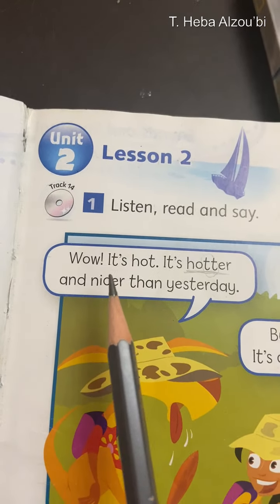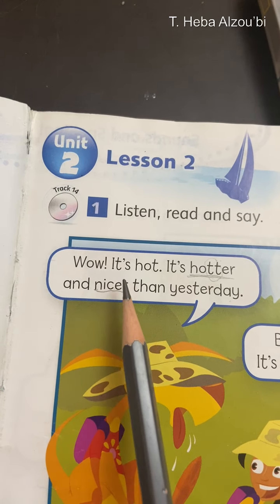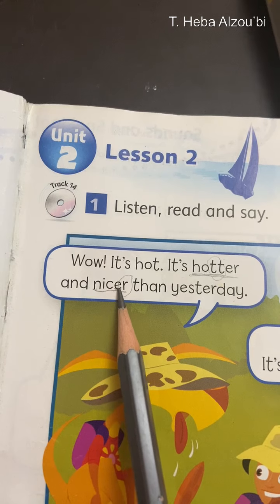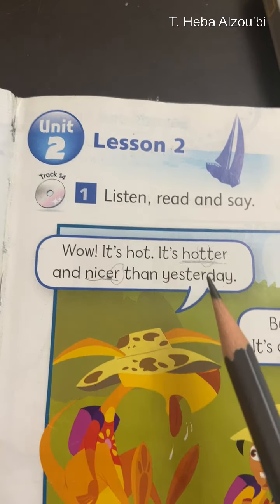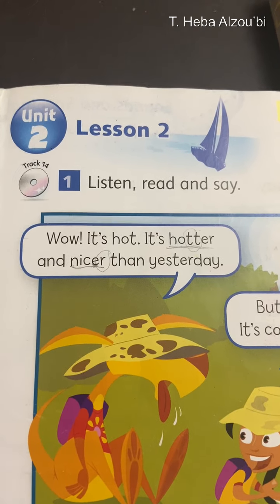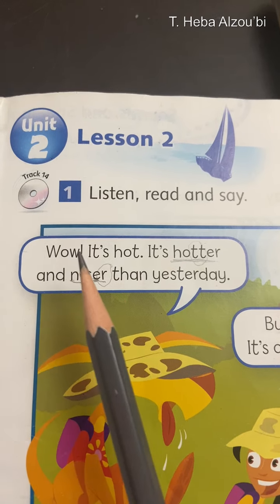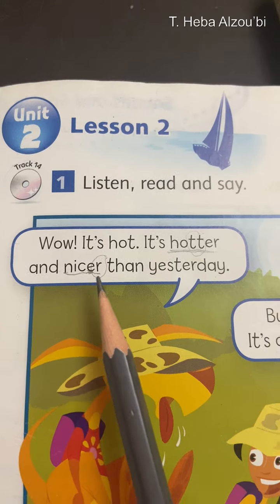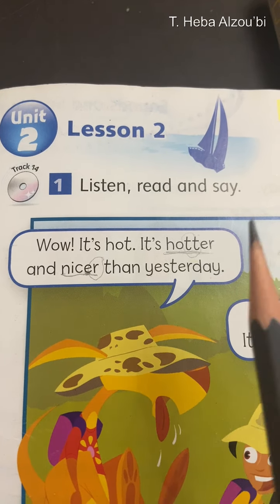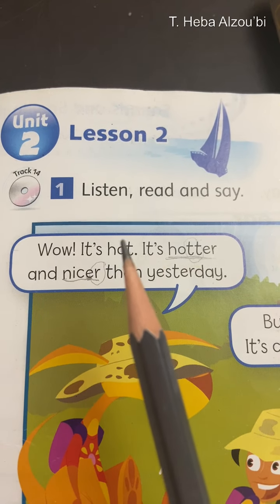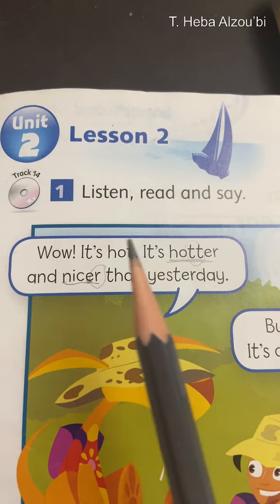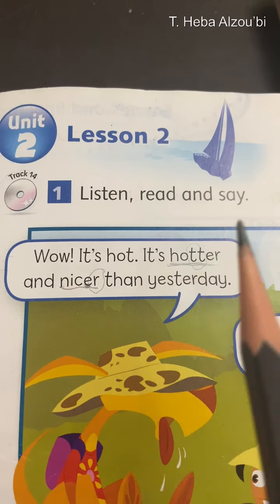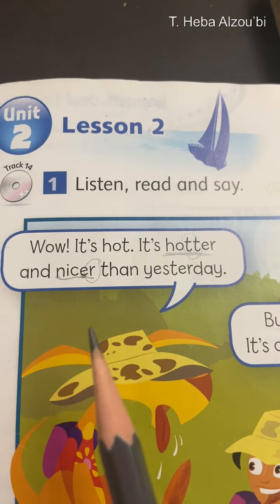And this adjective, nicer, we added only R because the E is original from the adjective. In this sentence, we compared between yesterday and today. We used the adjectives hot and nice.